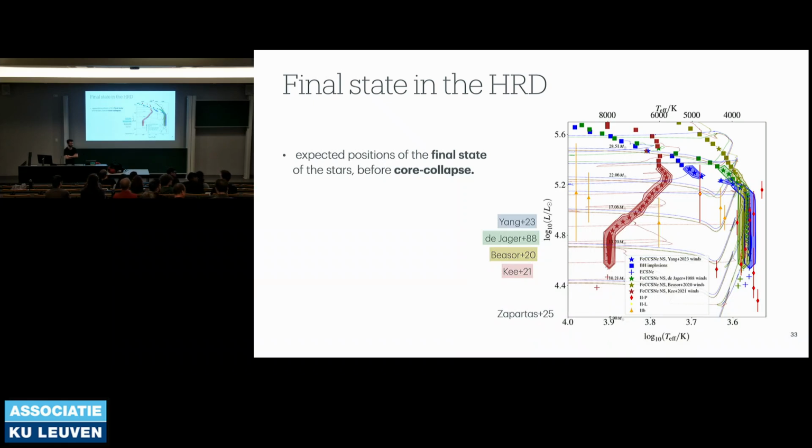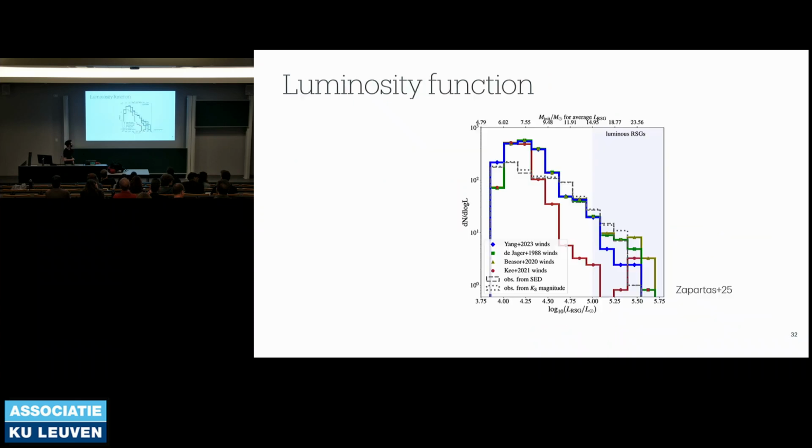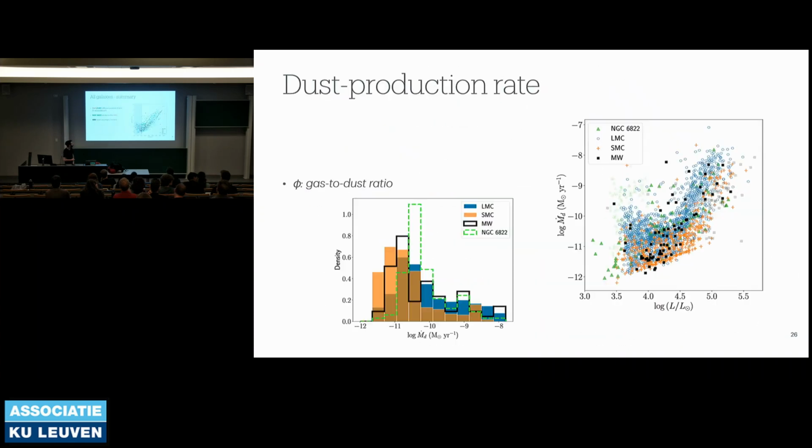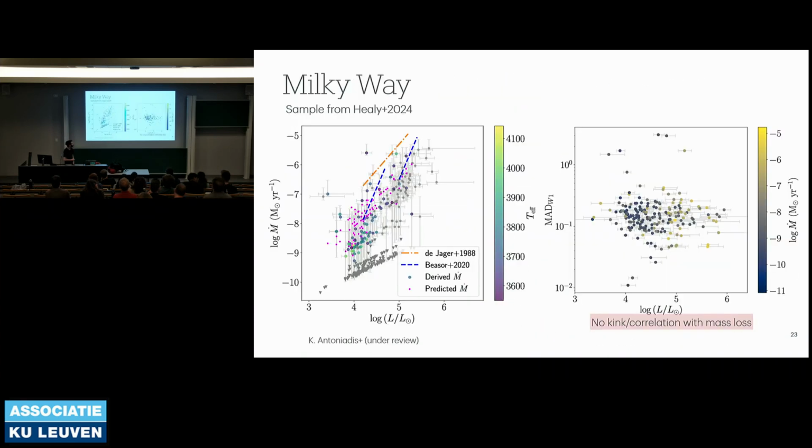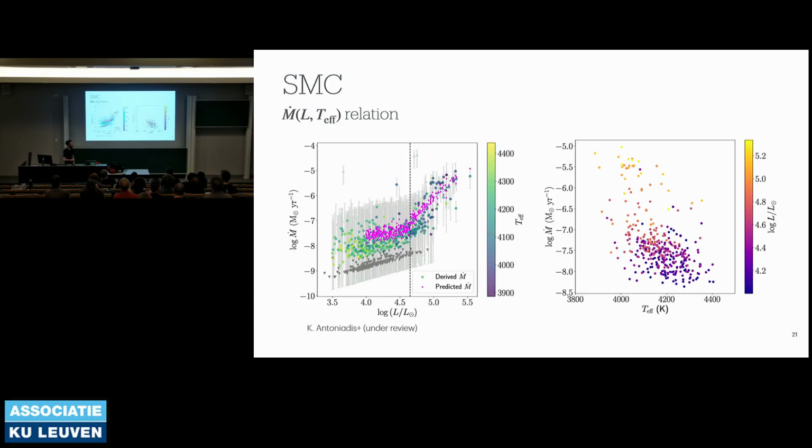A physics question. I didn't understand this statement at some point: first you show that variability correlates with mass loss, at least for your LMC sample. I think with variability you mean surface variability. Yes.